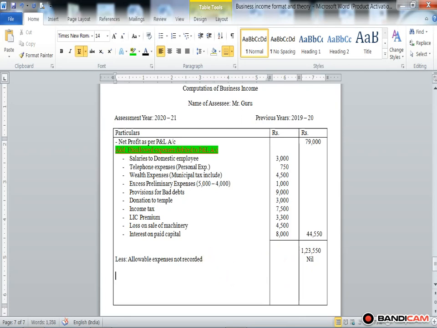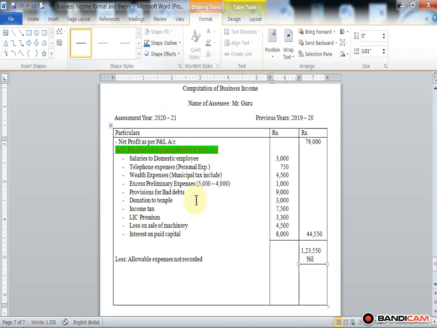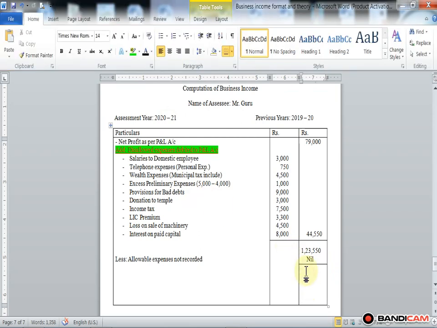Then we make a total. Okay, so total is same, no change in total, that is 1,23,550. 1,23,550 is the total.